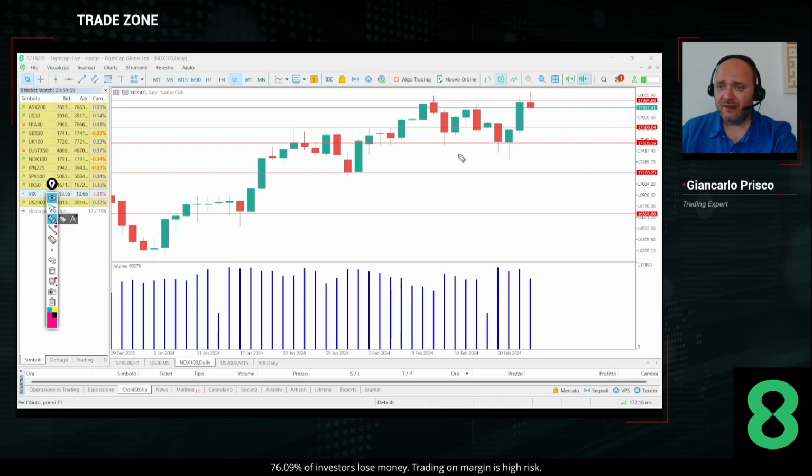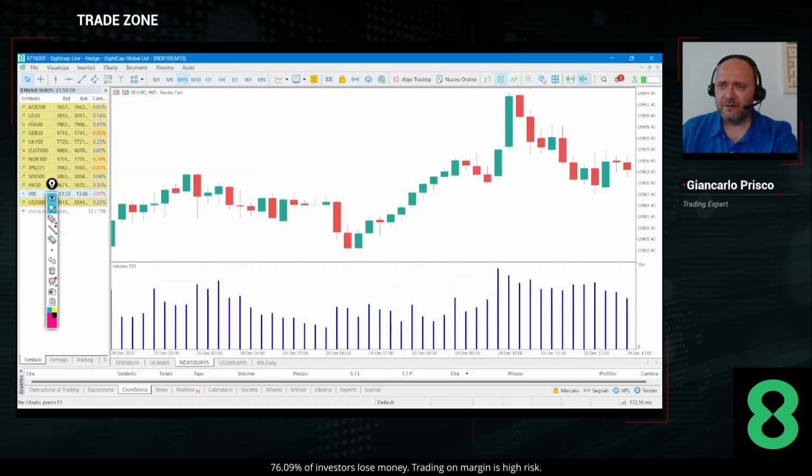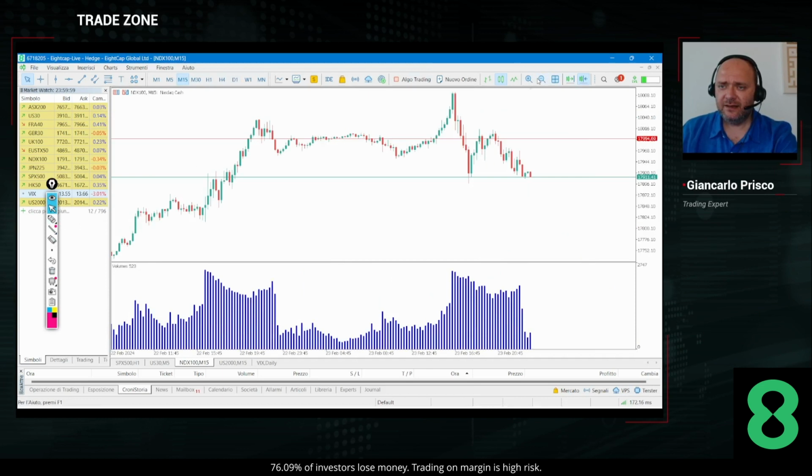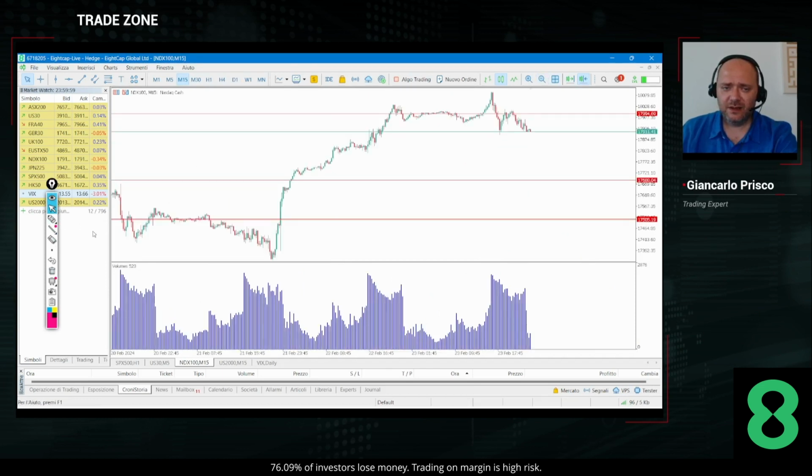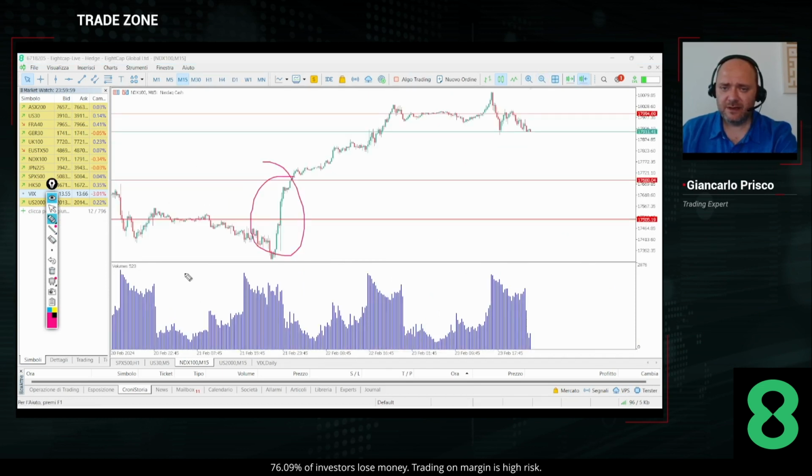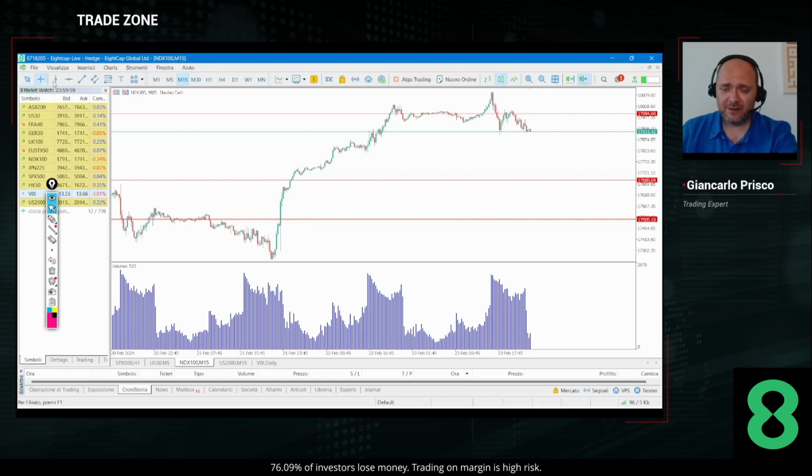The big levels remain the same: 50,500, 50,000, 70,688. If I go to the 50-minute chart, I can see probably the big reversal we saw with the Nvidia data, and this rally is going to finish. Now we will see if investors could take some pause and start some retracement.